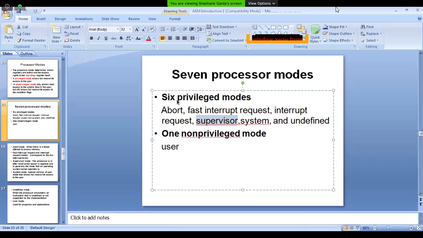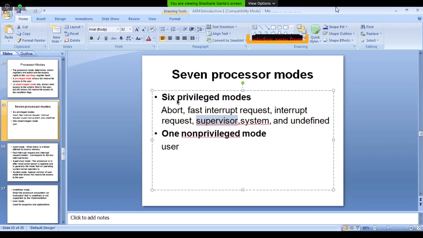Less time is invested in context saving for fast interrupt request. Hence, it responds to the interrupt faster. Interrupt request will take a little more time to respond. That is the difference between fast interrupt request and interrupt request.